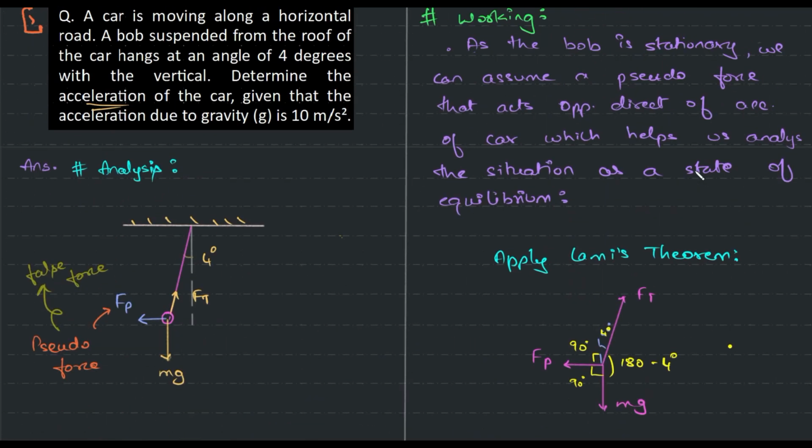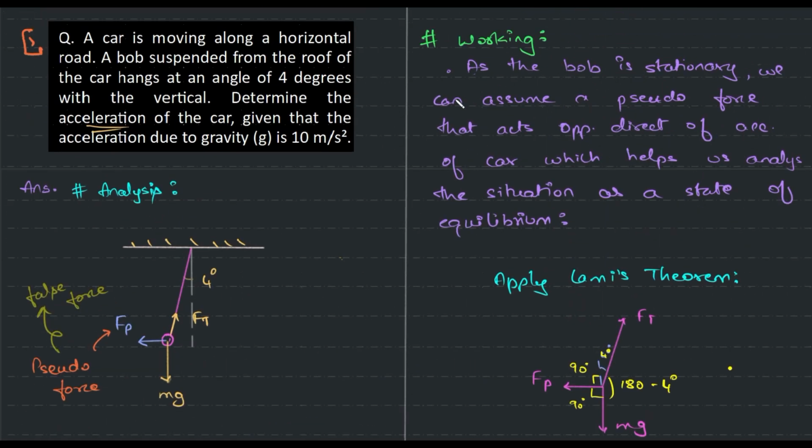Okay, because we started off with our assumption that we are talking about a pseudo force, let that be fp, that acts opposite direction of acceleration of the car, right? This helps us analyze the situation as a state of equilibrium, applying Lami's theorem, so on and so forth.